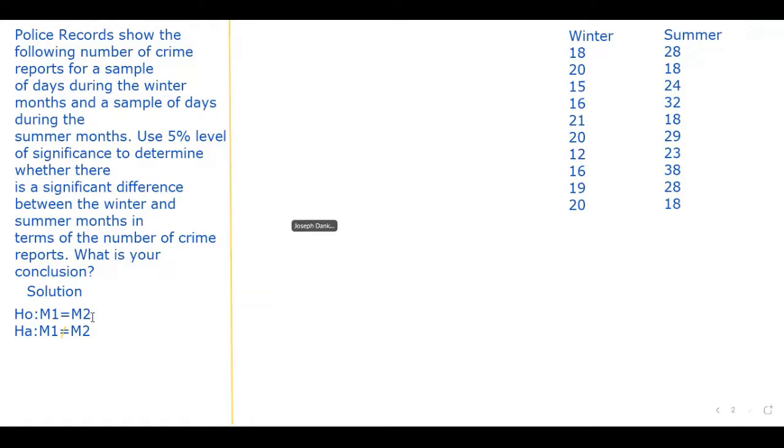Anytime you formulate your hypothesis, you have to understand that H0 is trying to say that if something is equal, then there is no significant difference. And HA says there is a significant difference.